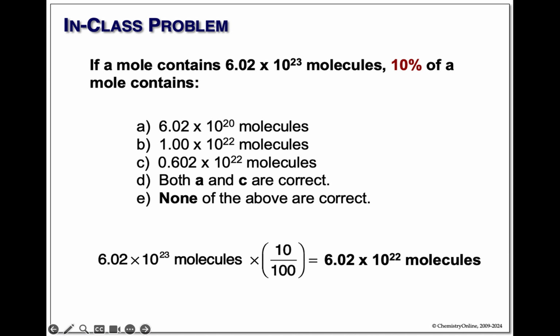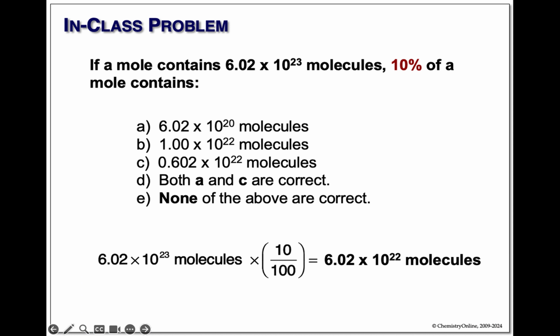Now, if you're paying attention, nothing turned yellow. 6 times 10 to the 20, that's not it. 1 times 10 to the 22, well, the exponent's right, but not 1. 0.6 times 10 to the 22, first of all, that's bad form.